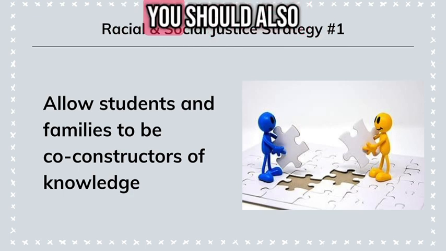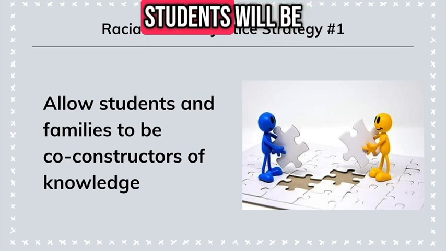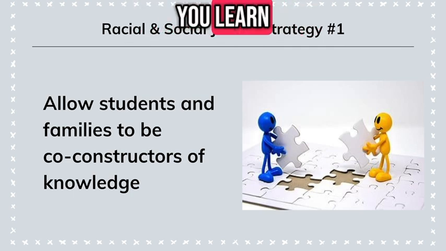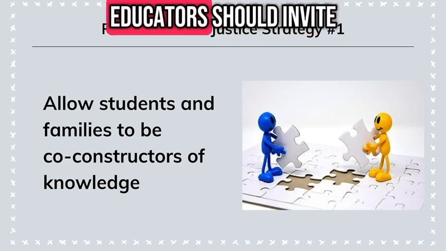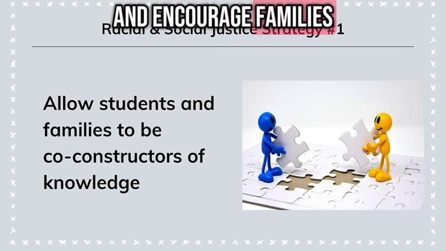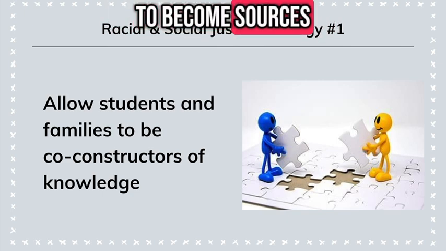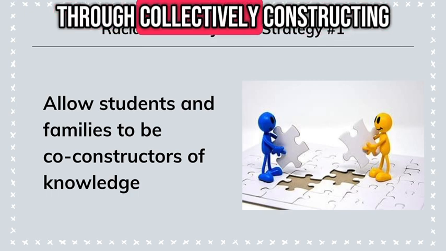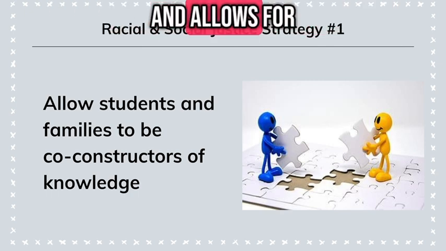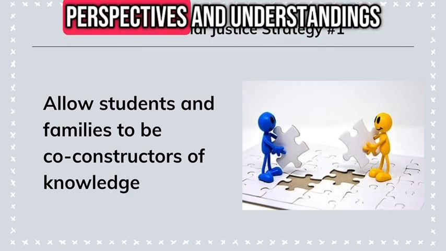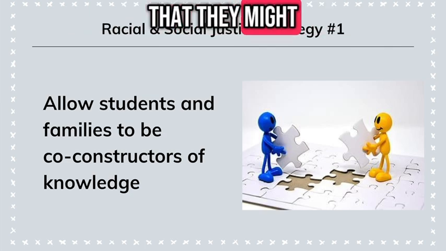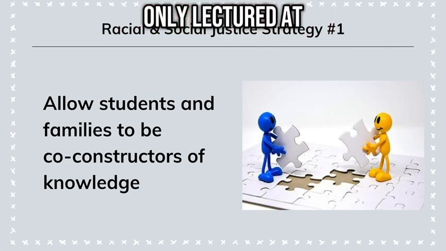As the educator, you should also recognize that your students will be able to help you learn or can provide you with knowledge. Educators should invite and encourage families or community members to become sources of knowledge for students. Through collectively constructing knowledge, it allows for students to be exposed to more perspectives and understandings that they might not have encountered if they were only lectured at.